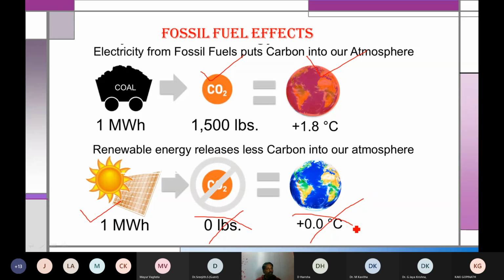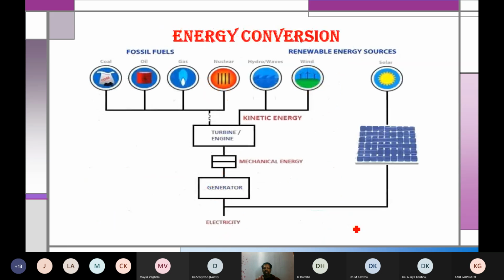Third, global warming is there with fossil fuel, whereas with solar panel there is no global warming. So this is one source where all the issues we have with fossil fuels will be eliminated.